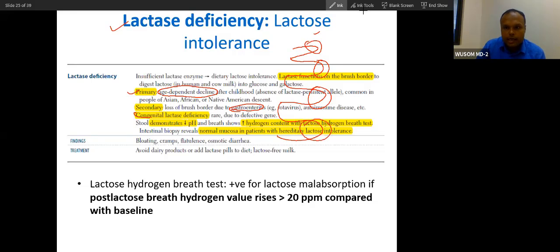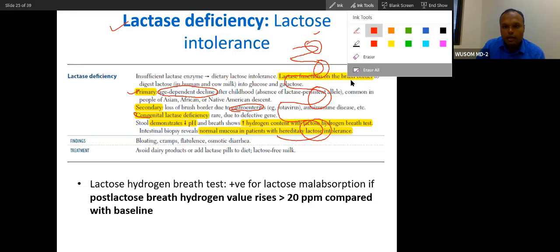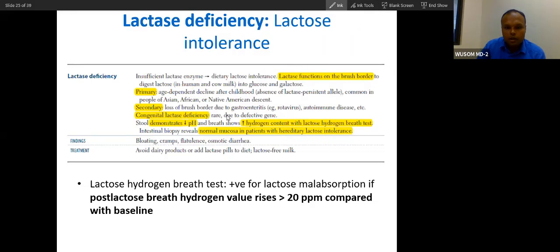And this is called secondary deficiency of lactase. For example, in rotavirus infection in children, or certain autoimmune diseases will cause this problem. So secondary deficiency is because of disease. Primary is because of age, and congenital is because of genetic deficiency.